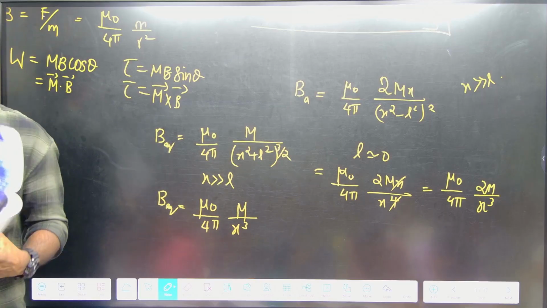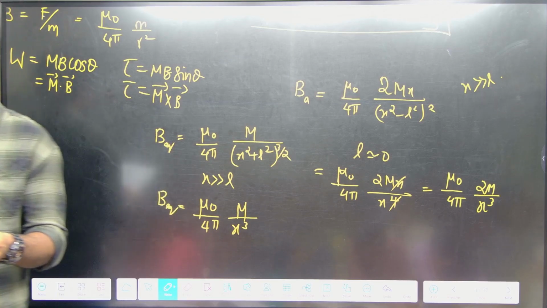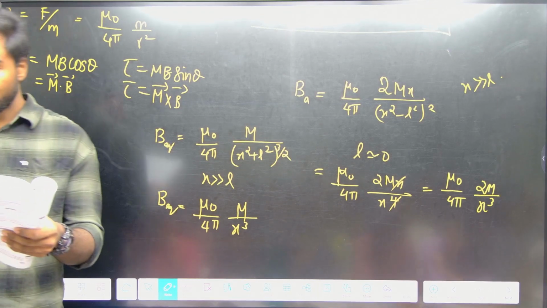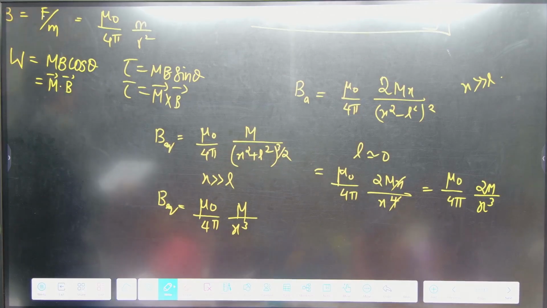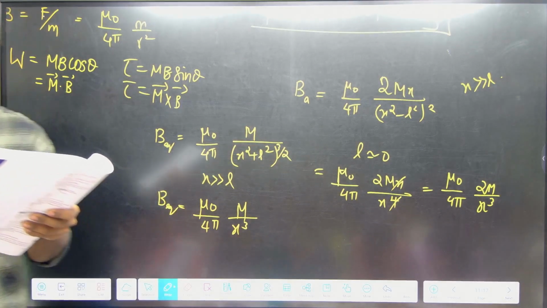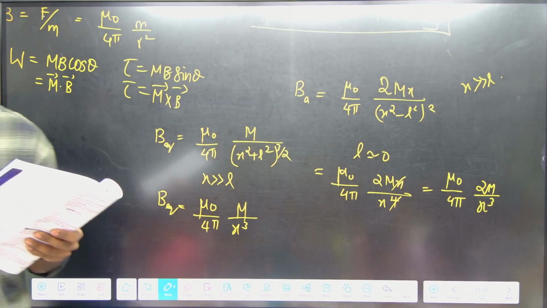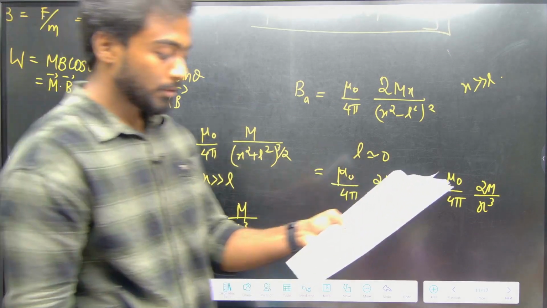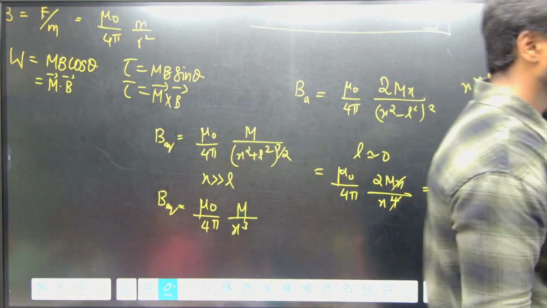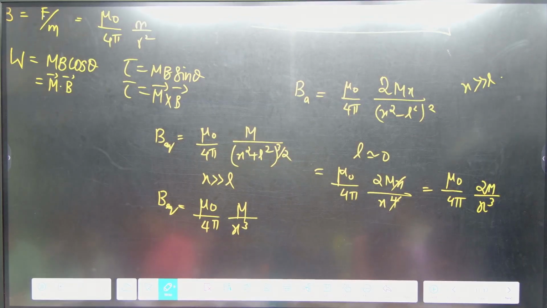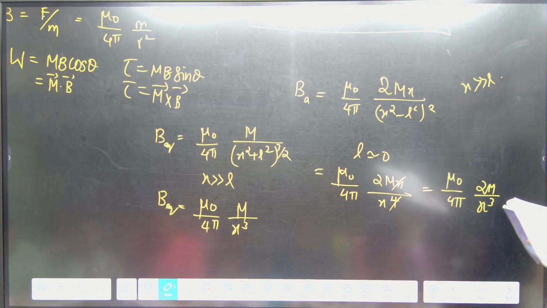And the next one is page number 219. Like Earth's magnetic field, then geographical meridian, magnetic meridian, angle of declination.